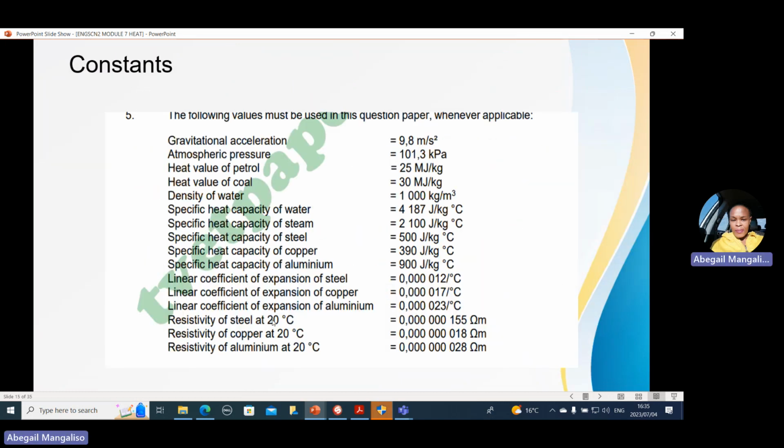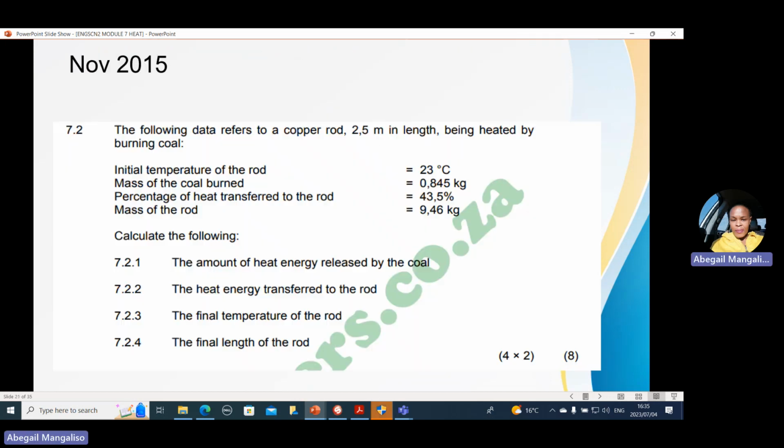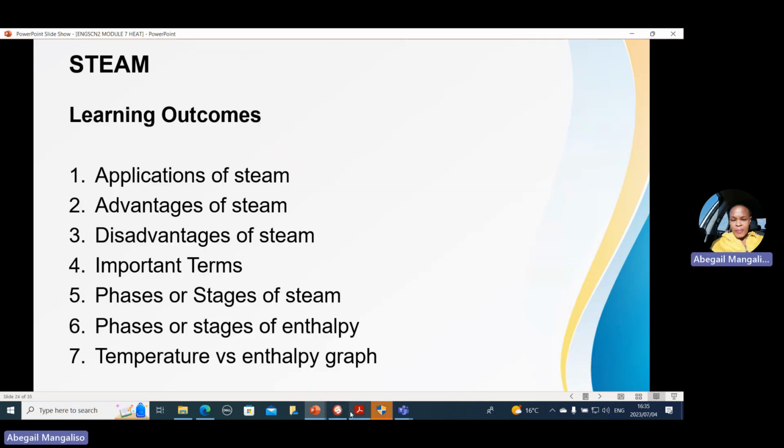The linear coefficient of expansion of copper is 0, and there are 4 zeros in front. So alpha is 0.000017 per degree Celsius, the SI unit. Now let's go to the question solution.